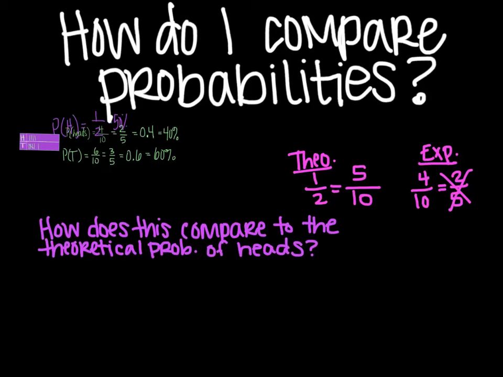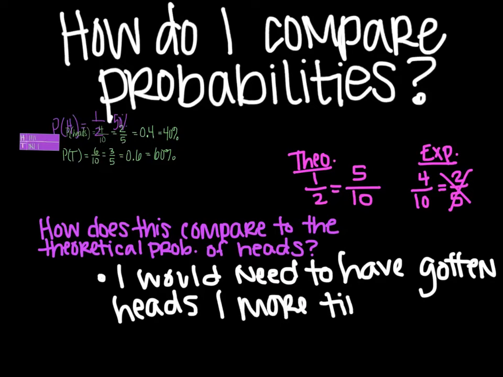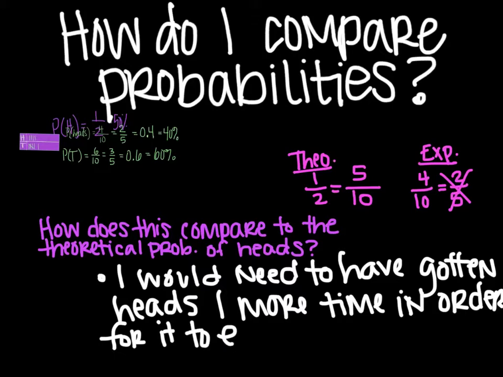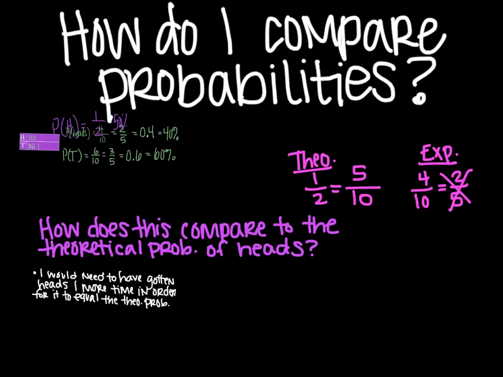The way you're going to answer this is that I would need to have gotten heads one more time in order for it to equal the theoretical probability. Okay, that's one observation. There are multiple, so that's one.